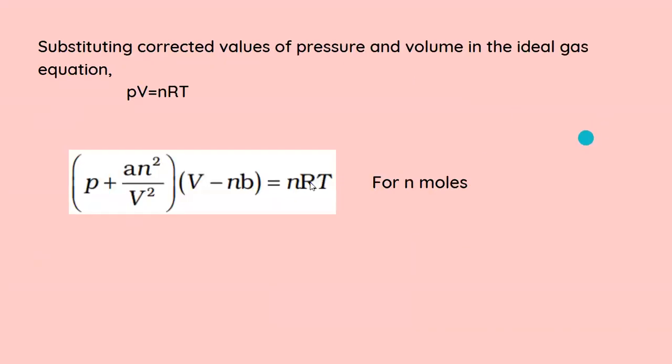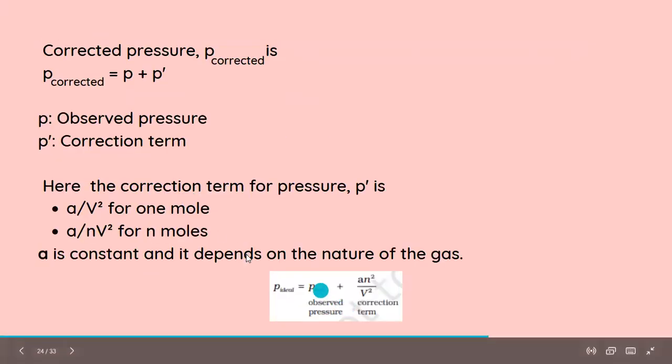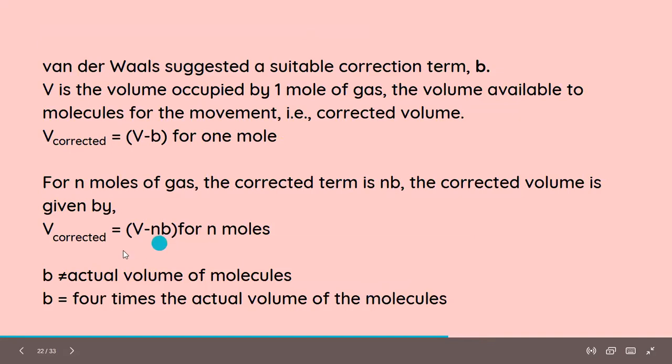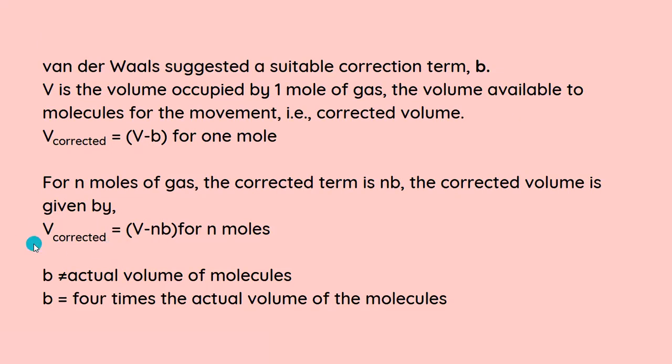Now, we will be substituting the corrected values. Okay, so we are assuming P ideal is P real plus A n square by V square, where this is a correction term. And for volume, the corrected value of volume, V corrected, equals V minus nB for n moles.